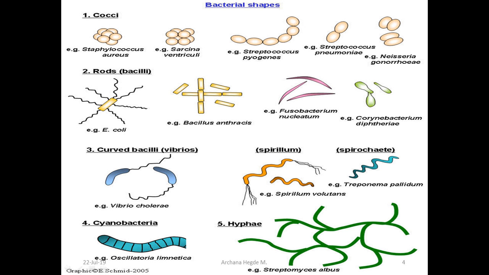Curved shape bacilli are Vibrios, which are comma shaped, and Spirillum, which are rigid and have a little wavy appearance, whereas spirochetes are very much twisted spiral bacteria, for example Treponema pallidum. Here Corynebacterium are oscillating bacteria which can be seen very long, and hyphae shaped, for example Streptomyces albus.